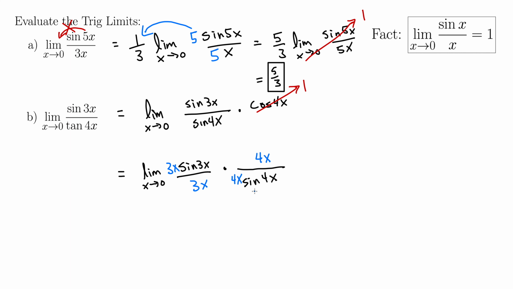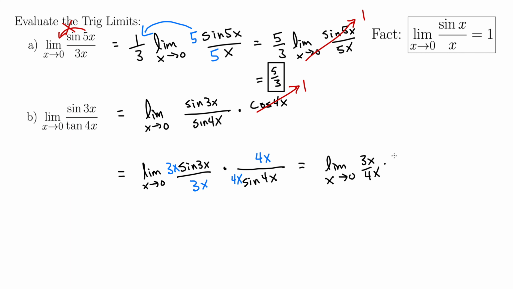Okay, so what have we done? Now it seems like we've made this a lot worse, but let's see. We have the limit as x goes to 0. If we peel off this 3x up top and this 4x down here, we can bring those to the side, and we have 3x over 4x.